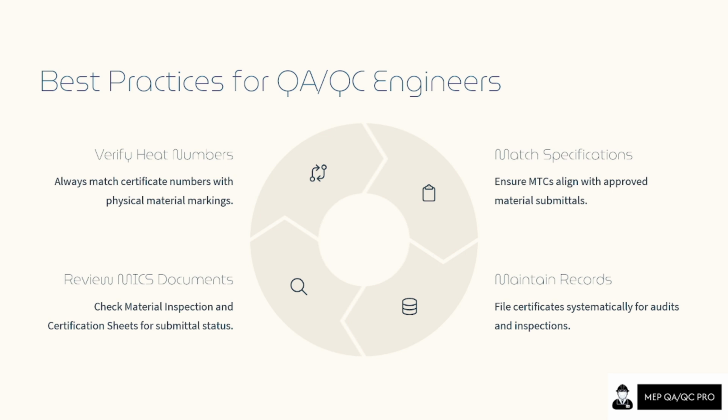Then you will review the documents. How will you review? You will do the material inspection. You will see the certificate sheet for the submittal status, or you will check that submittal sheet. You will go to the technical material submittal. From there you can get all the previous attachments so that you can compare with your updated material certificate.